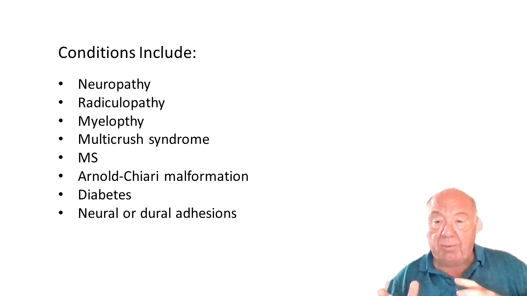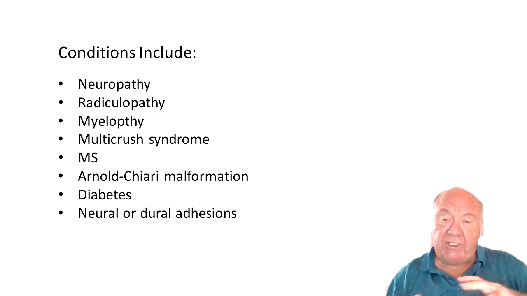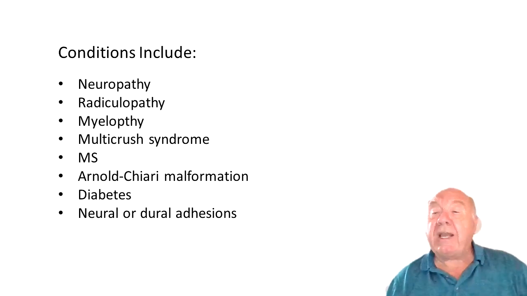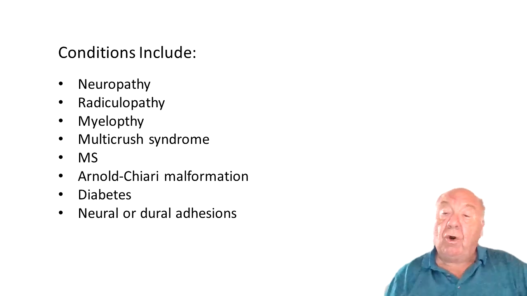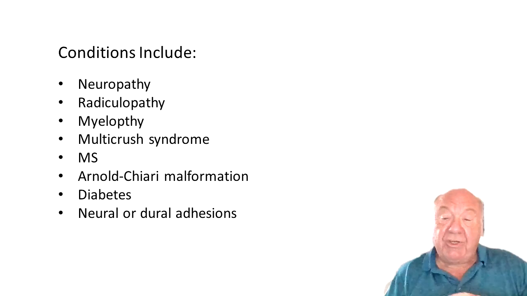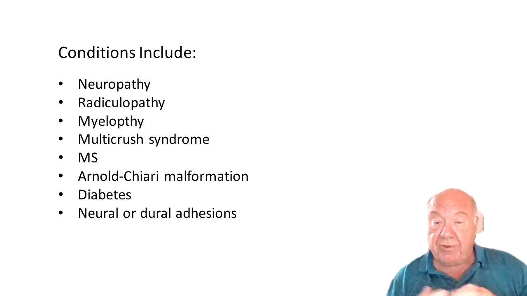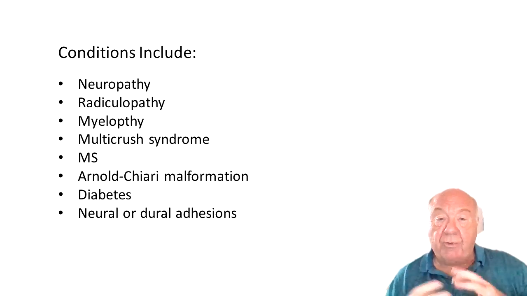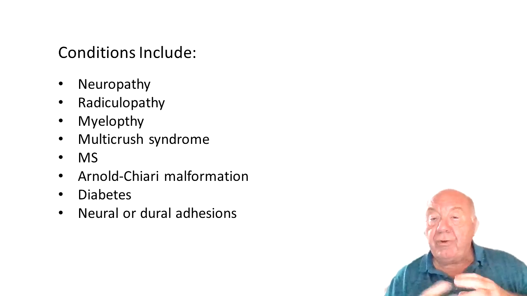And if we now apply the sensitizations for the median nerve, this may actually produce more tingling, or it may produce tingling where no other test does. And this might suggest that this is a multi-crush syndrome. Multiple sclerosis tests positive for this, Arnold-Chiari malformations, diabetes, and adhesions on the neura or the dura.